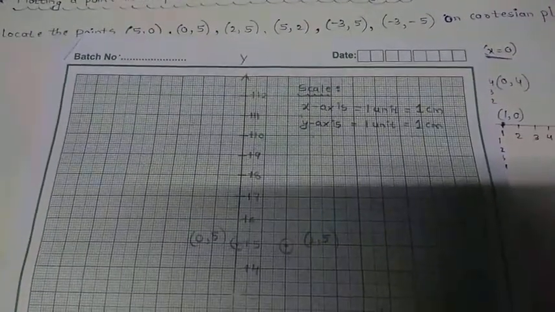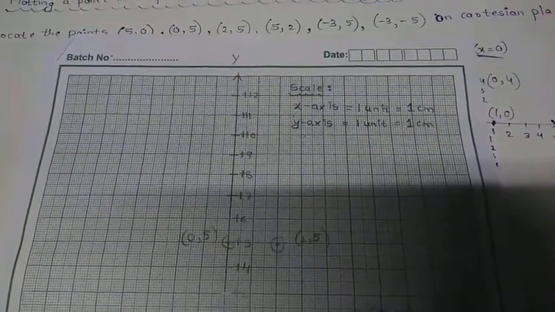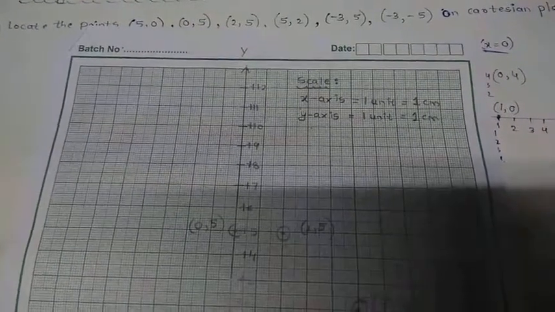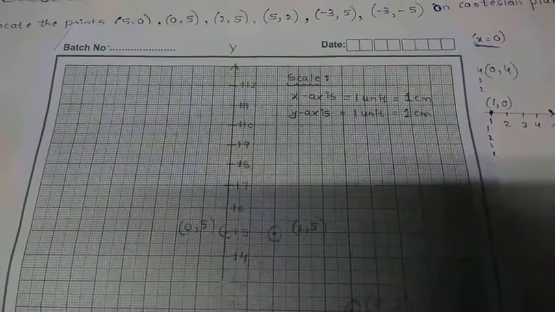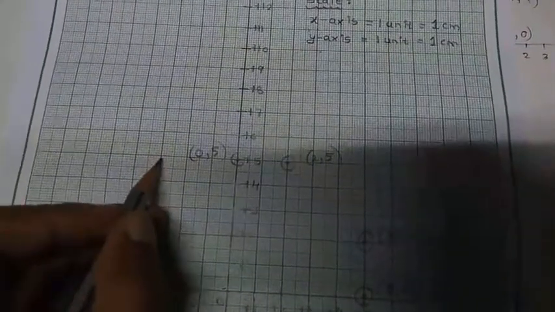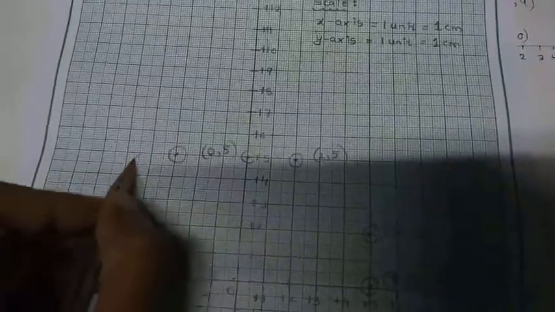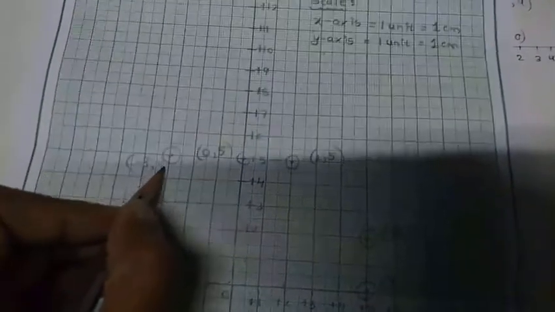Similarly for the x coordinate: if the value is positive, you go to the right side, and if negative, you go to the left side. So minus 3 is here, and plus 5, you go 5 steps above: 1, 2, 3, 4, 5. This particular point is now called minus 3, 5.